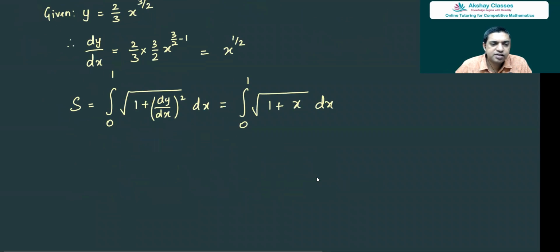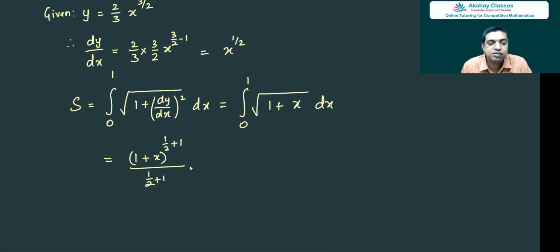Now this is a very straightforward integral. 1 plus x to the power half plus 1 upon half plus 1, integrated from 0 to 1. So we get 1 plus x to the power 3 by 2. So this is 2 by 3 into 1 plus x to the power 3 by 2 from 0 to 1.